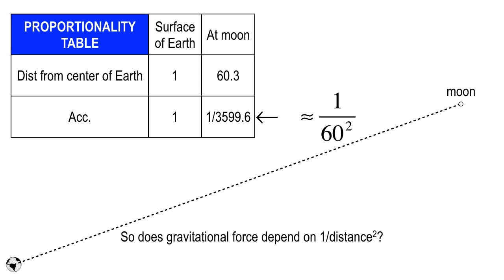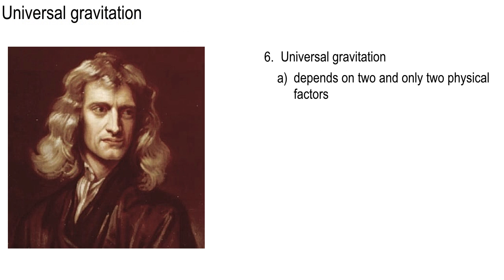Here's your distance ratio, 60:1. And here's your acceleration ratio, 1 to 3,600. That's 60 squared, pretty close. So does that mean that the gravitational force depends on the inverse square of the distance? And Sir Isaac Newton says yes.